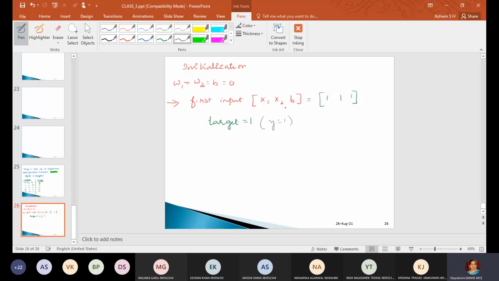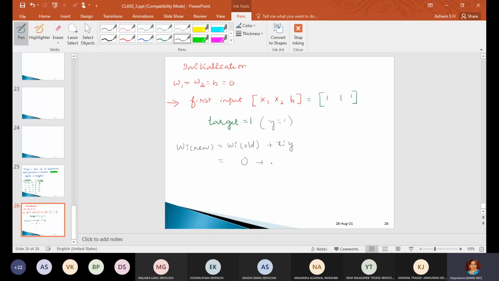Now make use of the weight update formula. wi new is equal to wi old plus xi y. I have to calculate W1 new. My wi old is 0 plus x1 y, the first input I am considering.